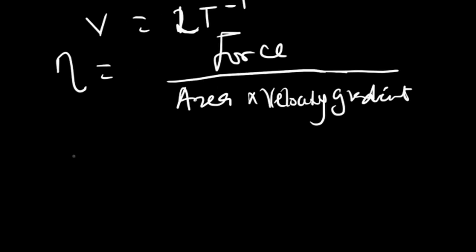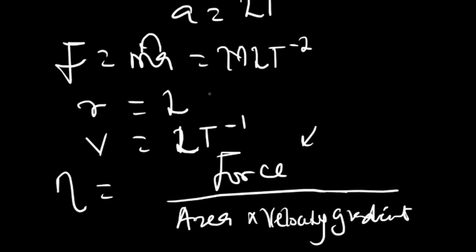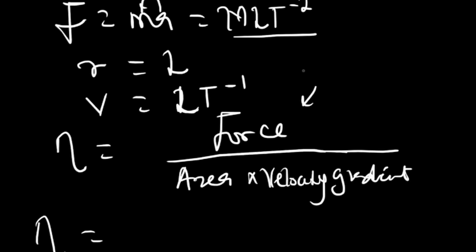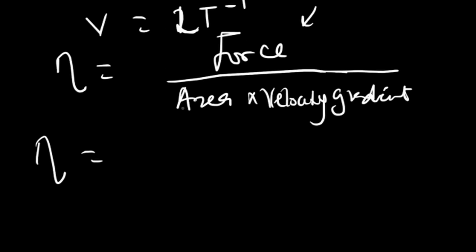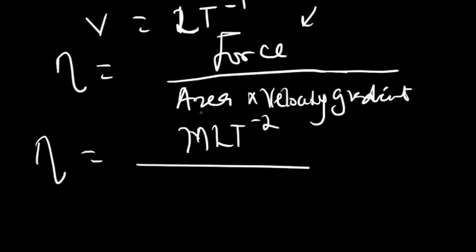All right, so let's see how we can work this out. Now we have that the dimension for viscosity is equal to, we've already found the dimension for force, and we have it here as MLT^-2. So whenever we see force, we replace it with its dimension, MLT^-2. And this is over area, which is measured in meter squared.